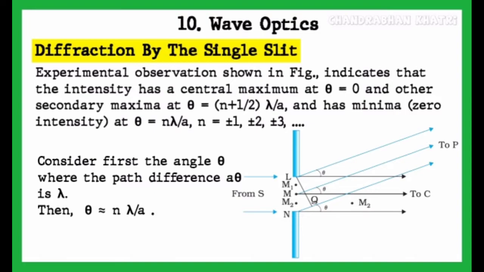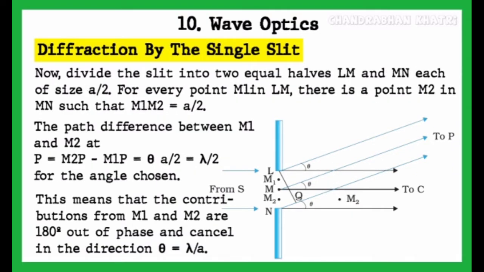Consider first the angle theta where the path difference a theta is lambda. Then theta is equal to lambda upon a. Now divide the slit into two equal halves LM and MN, each of size a by 2. For every point M1 in LM, there is a point M2 in MN such that M1M2 is equal to a by 2, as you can see in this diagram.